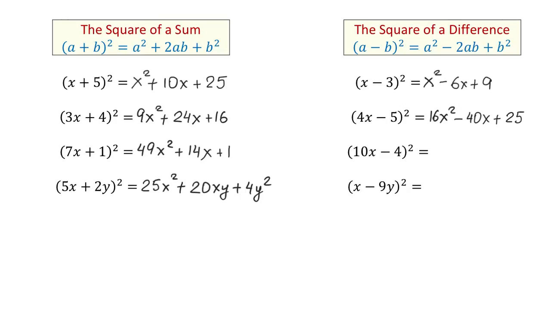So the trinomial obtained is 16x squared minus 40x plus 25. Let's see the next example.